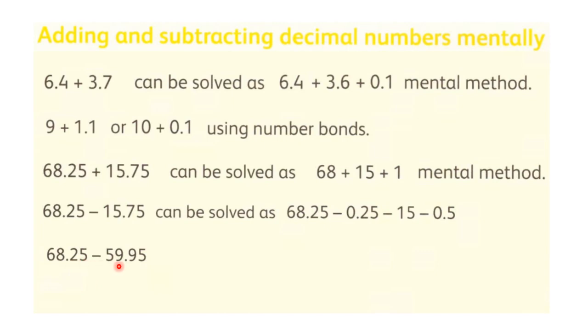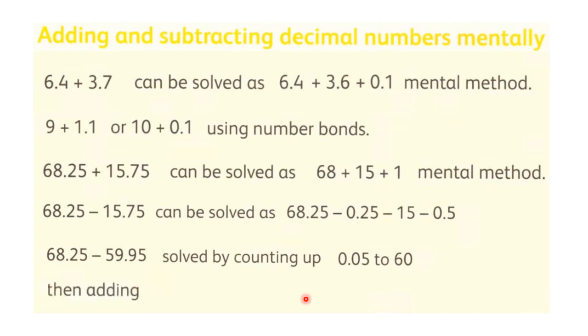68.25 minus 59.95 can be solved by counting up. I count from 59.95, adding 0.05 to 60, then adding 8.25.